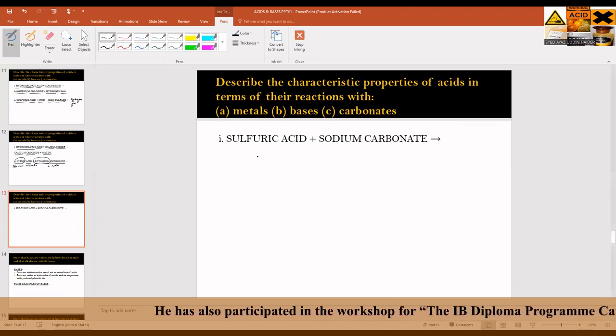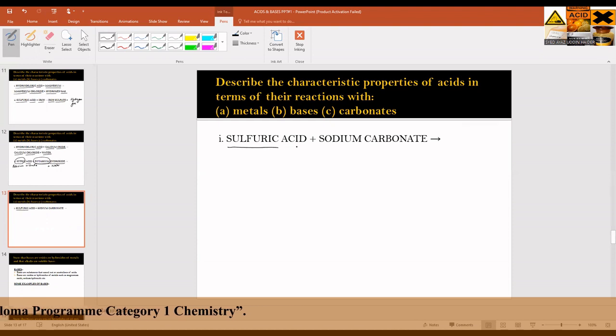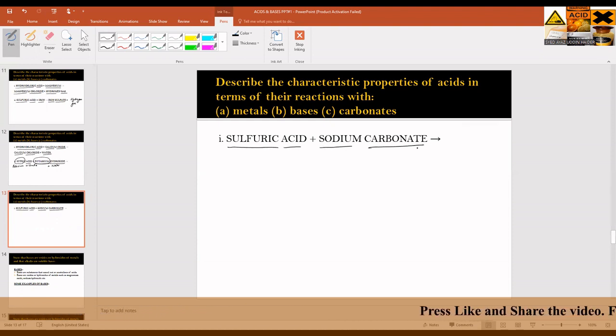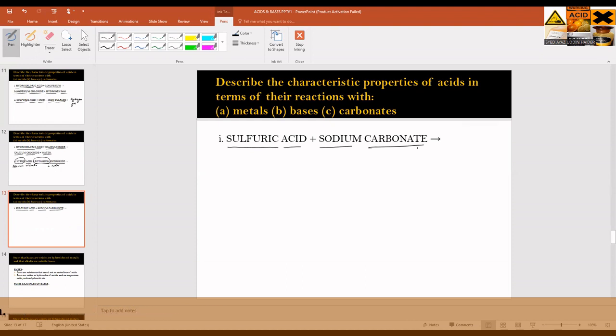Can you predict the name of the products for the reaction between sulfuric acid and sodium carbonate? You see the acid is sulfuric acid and the carbonate is sodium carbonate. This is the metal sodium, so you'll write sodium here. In case of sulfuric acid, the salt will be sulfate.